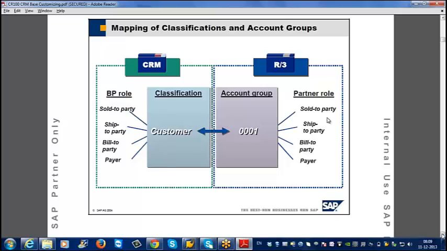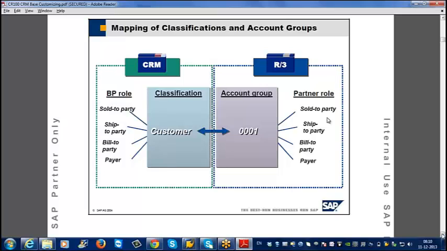If I want to transfer the data from CRM to R3, I am saying that if a customer is coming from CRM with so and so classification, I create a respective account group in the R3 system. For classification customer, I create one account group, customer CRM. For competitor classification, I create one more account group, competitor CRM, and then consumer CRM. Like that, I will create that many account groups in sync with the number of classifications available in the CRM system.